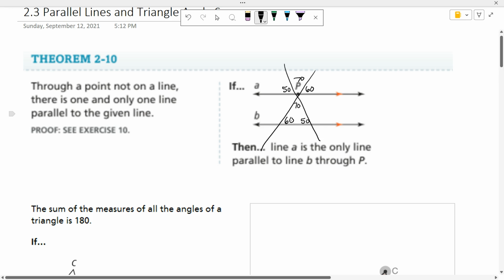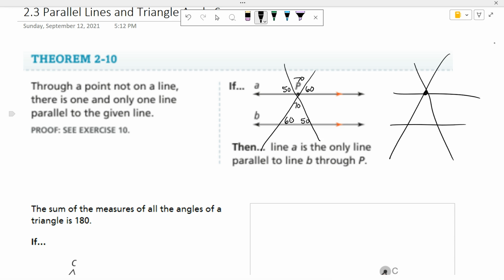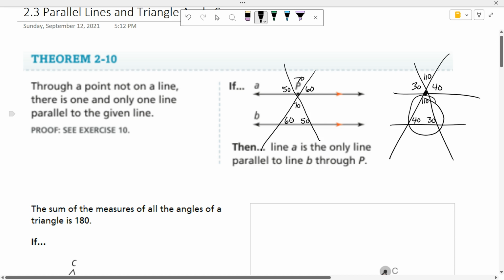Now, if I change it, and imagine they hit right there. If I change this to 40 and 30, this will be 30 and this will be 40, right? So 40 plus 30 is 70, so this would have to be 110, which would make this 110. So what's always going to happen with these three angles?